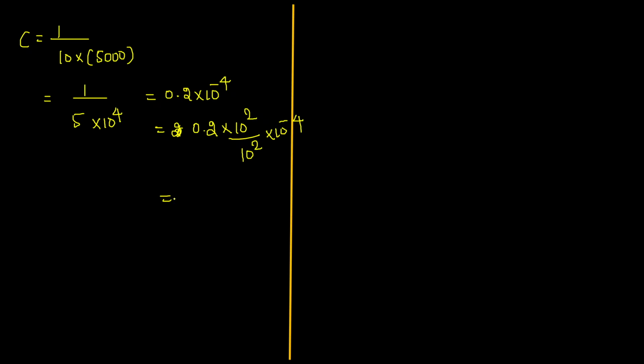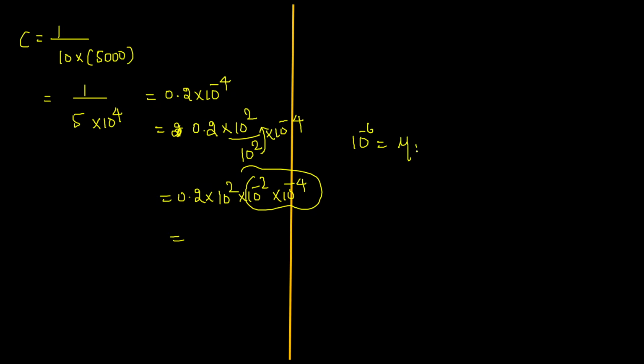Now if you observe, or otherwise we can also write like this: 0.2 into, if I bring this 10 power 2 to the numerator, what will happen? 10 power 2 into 10 power minus 2. When we bring it to the numerator, the sign will change. So 10 power minus 2 into 10 power minus 4 will become 10 power minus 6. 10 power minus 6 is equivalent to micro.